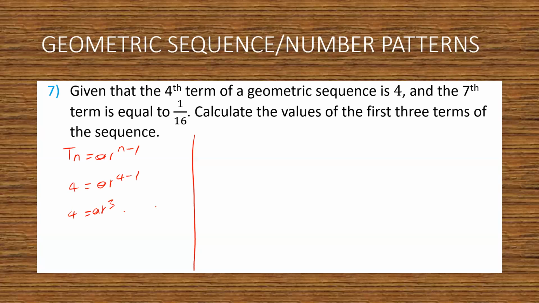And the second one: Tn equals AR to the power of n minus 1, so 1 divided by 16 equals AR to the power of 7 minus 1, then 1 divided by 16 equals AR to the power of 6.